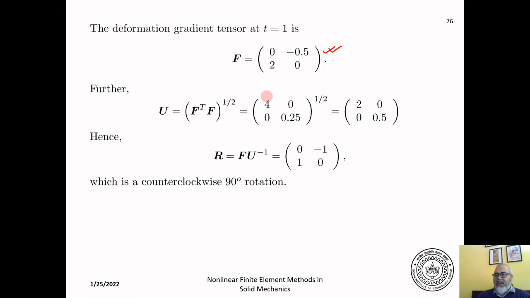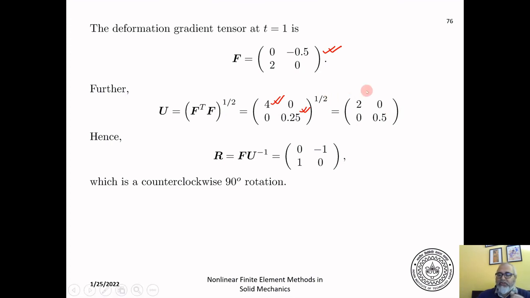Since C is diagonal in this case, just by chance, these are the eigenvalues of C. Remember, eigenvalues of C are the squares of the eigenvalues of U, and C is diagonal, so the eigenvectors are (1, 0) and (0, 1) respectively, and the eigenvalues of U would be square roots of this, so there would be 2 and 0.5.